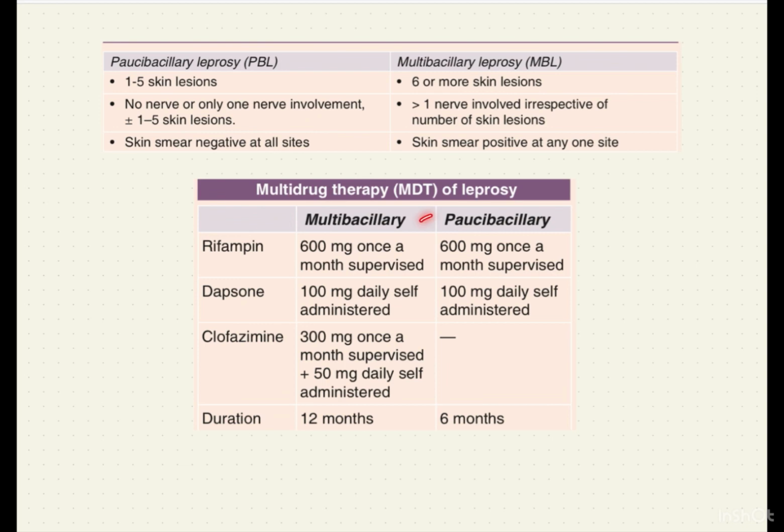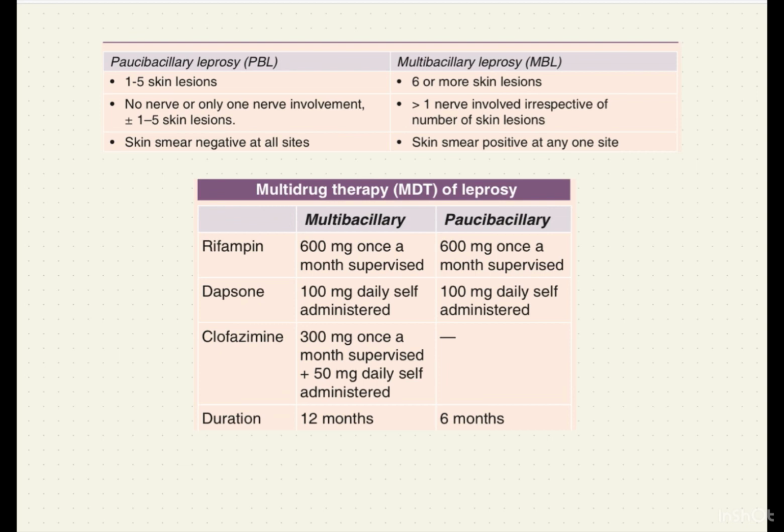It is 12 months for multibacillary leprosy, and 6 months for paucibacillary leprosy. We use rifampicin, dapsone and clofazimine for the treatment of multibacillary leprosy. We use rifampicin and dapsone alone for paucibacillary leprosy. Clofazimine is not used for paucibacillary leprosy.